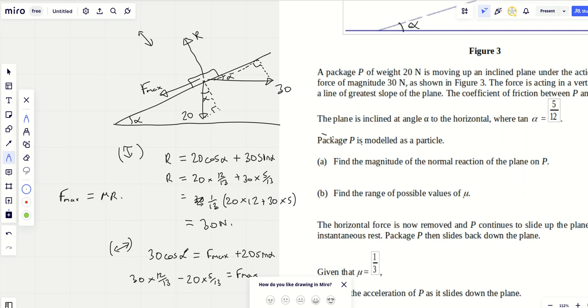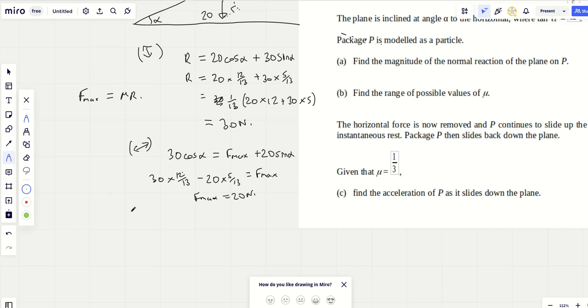That's given me an F max value of 20. So F max equals 20 newtons, and therefore mu is F max over R, which equals 20/30, which is 2/3.